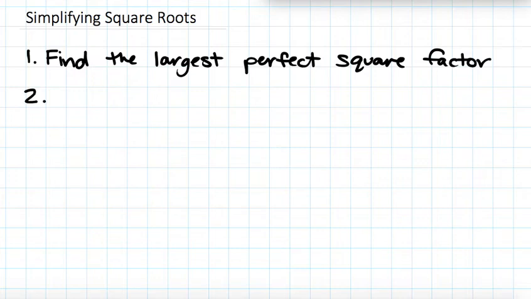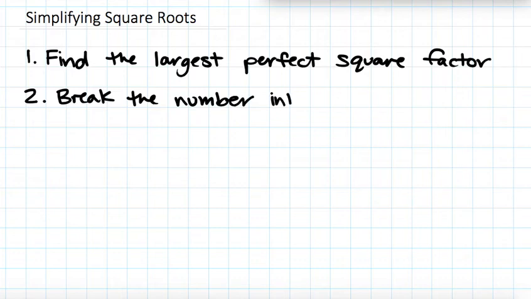Once you find that, step 2 is that you break the number into two factors. One is going to be the largest perfect square that you found in step 1, and then another number, so that when you multiply the two numbers, you get your original number.